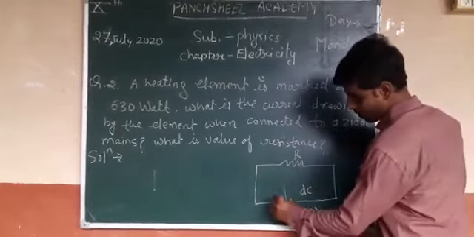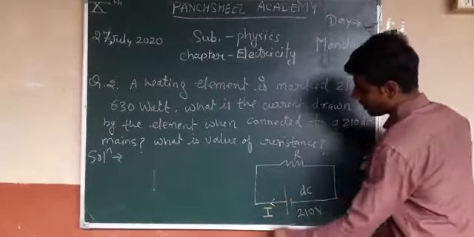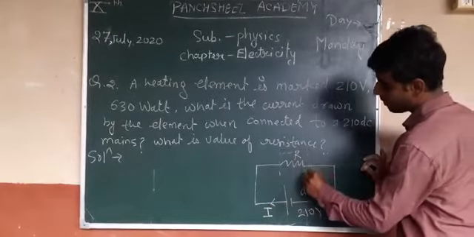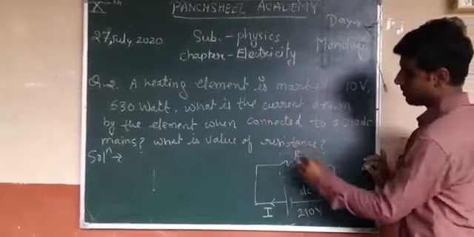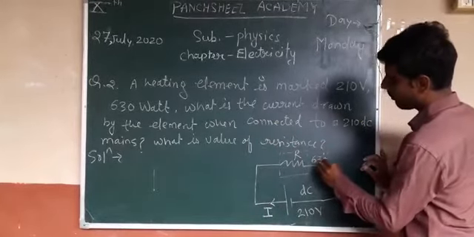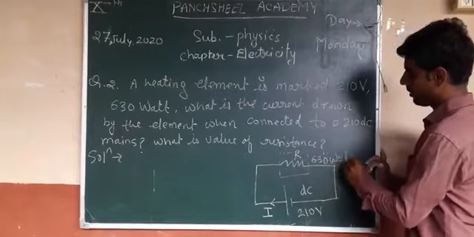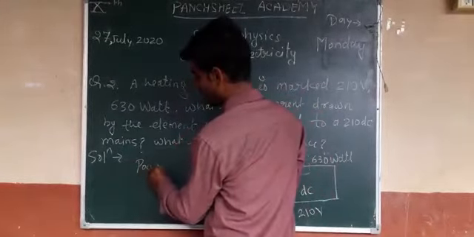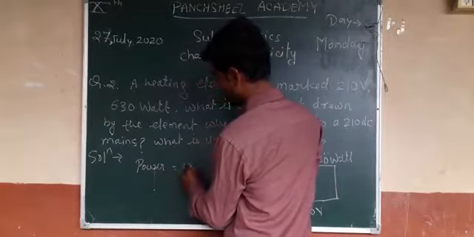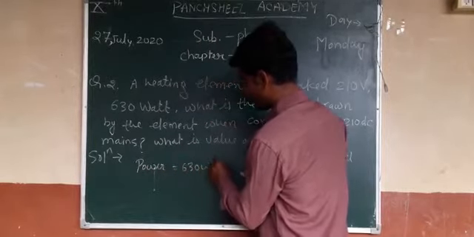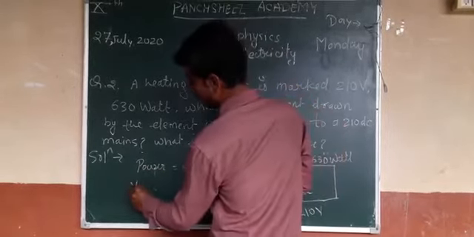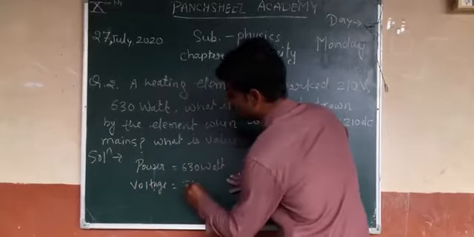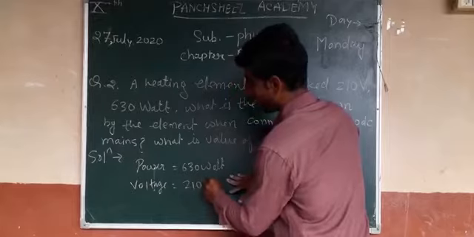This heating element consumes 630 watt power. One very important piece of information: power equals 630 watt, and the given voltage equals 210 volt.